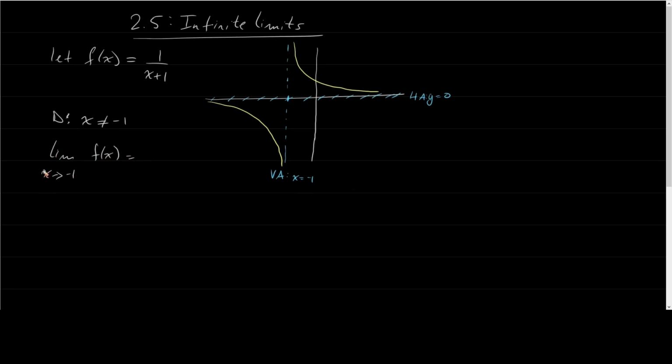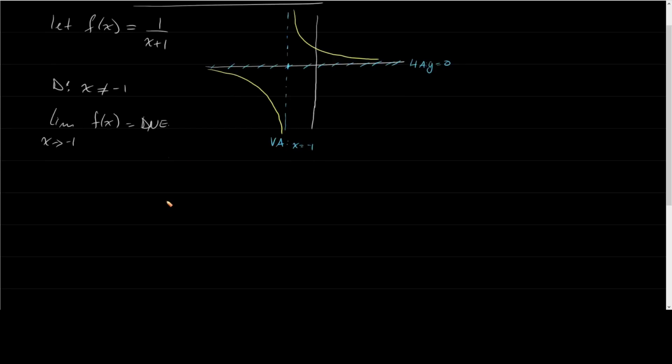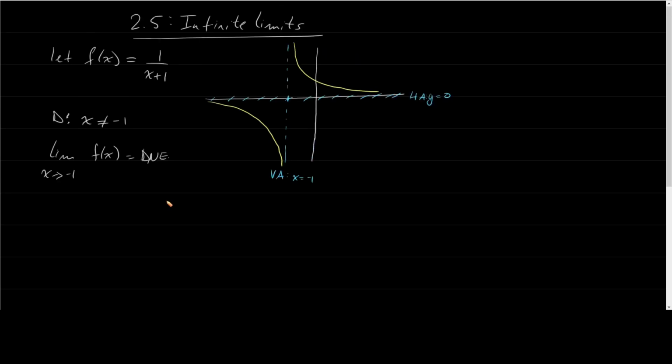We know that we can't plug it in, so this does not exist right away. But now that we know about one-sided limits, we can talk about what's happening as we're approaching -1 from the left of the function, and also as we're approaching -1 from the right of our function.